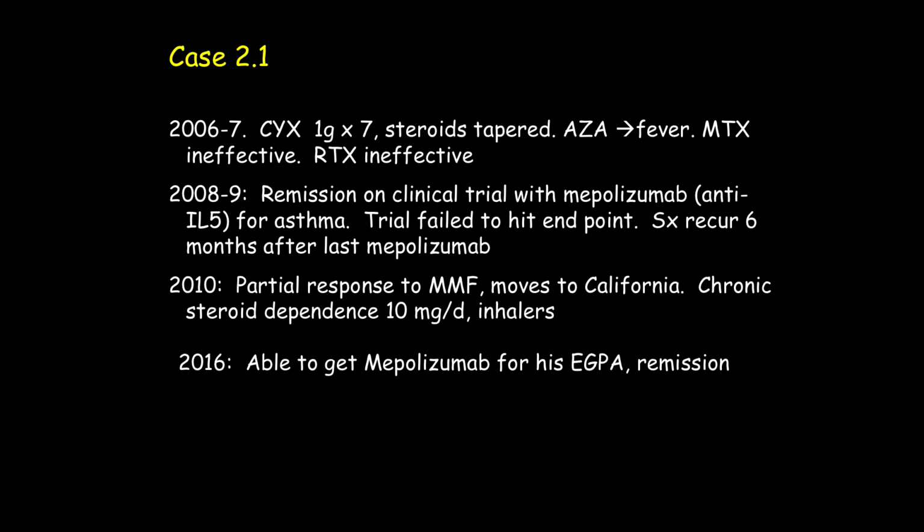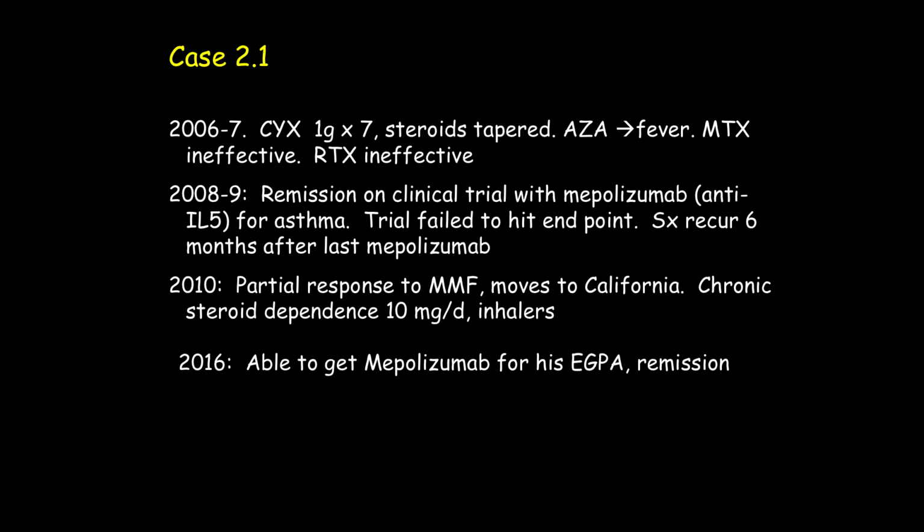And then he was working in a city that's near Dartmouth, and he heard about a clinical trial for asthma with mepolizumab, which is an anti-IL-5 antibody. And everything melted away. He was on background MMF and needed some prednisone, but at much, much lower doses.